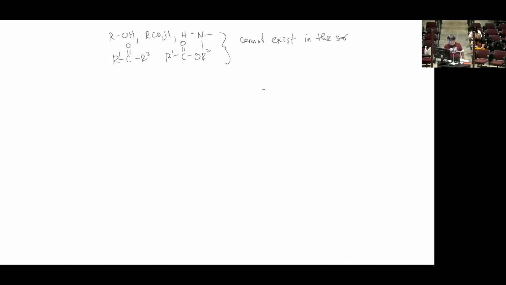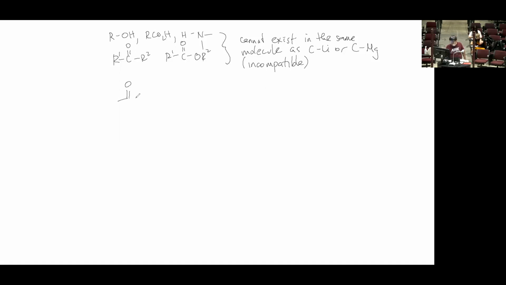And we also just learned that not only those, but also ketones and aldehydes, and also ester functional groups, OR2. So all of those functional groups, we would say these cannot exist in the same molecule as a carbon-lithium or carbon-magnesium bond.